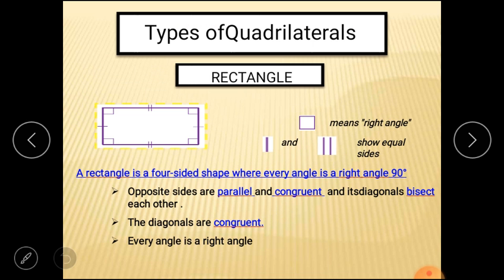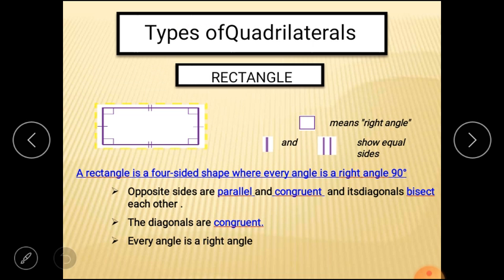You know very well what a rectangle is. See in the diagram. What is the property of a rectangle? Yes, you already studied: opposite sides are equal. Look at this diagram, there is a small box like a square inside the rectangle at the corner.